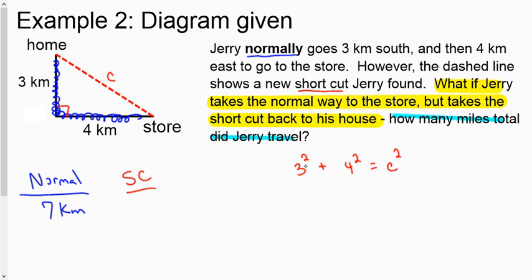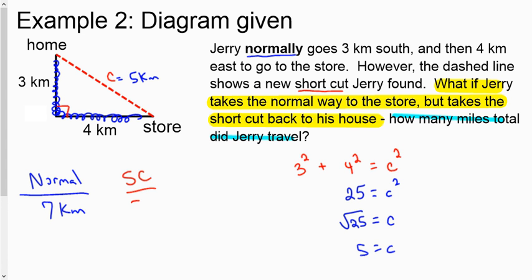And I know that 3 squared is 9 and 4 squared is 16, so 9 plus 16 is 25. And now to get the c all by itself, we're just going to flip that square root sign over on the other side. And the square root of 25 is 5. So this shortcut, it's 5 kilometers long exactly.